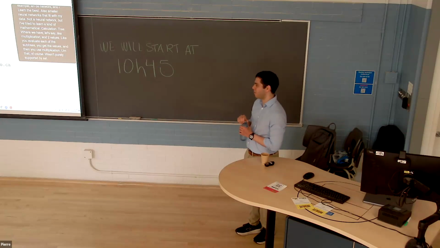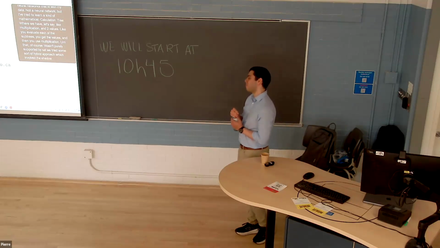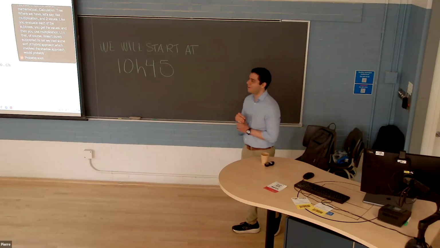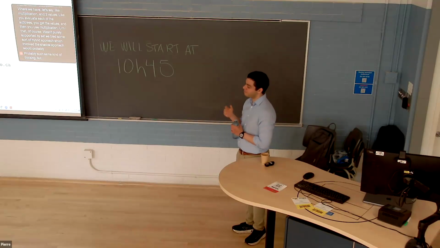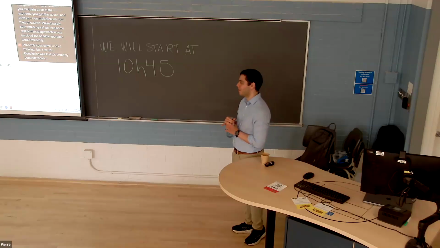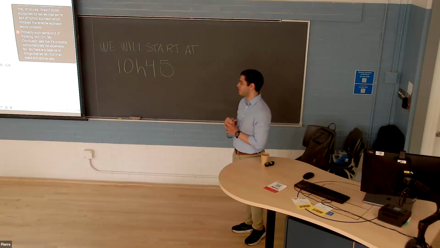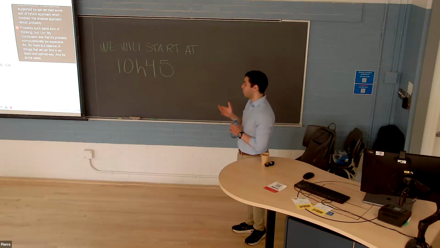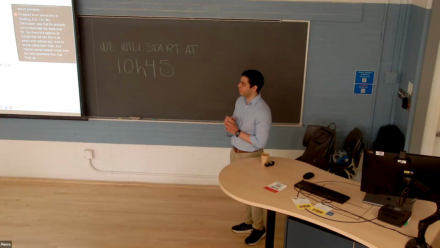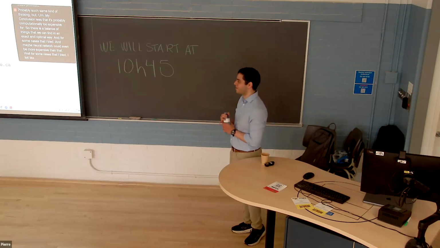We tried some sort of hybrid approach, which involved the same kind of thinking, but my conclusion was that it's probably computationally too expensive, so there is a balance of things that we can find in an exact and optimal way. Maybe a neural network could even be more expensive than that. But for some cases that I tried, I felt like I was overstepping that balance.